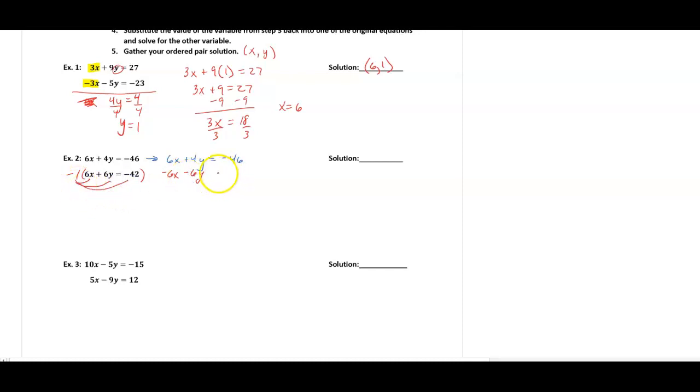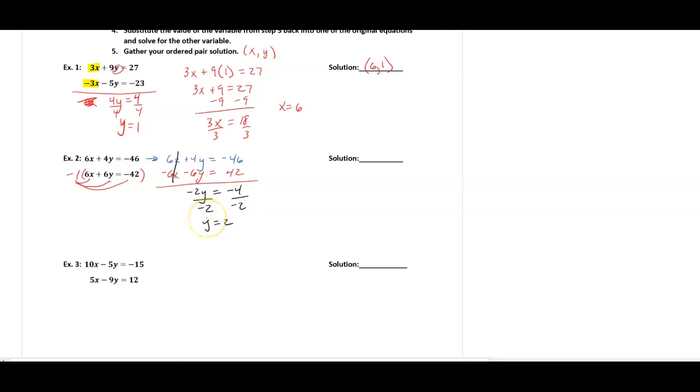Negative 1 times negative 42 equals positive 42. Now, when I add these equations vertically, the x's add up to 0, meaning they eliminate. I get negative 2y equals negative 4. I'm going to go ahead and divide both sides by negative 2, and y equals 2.